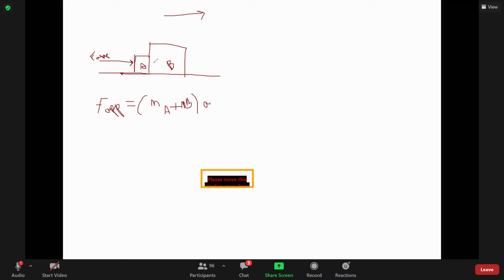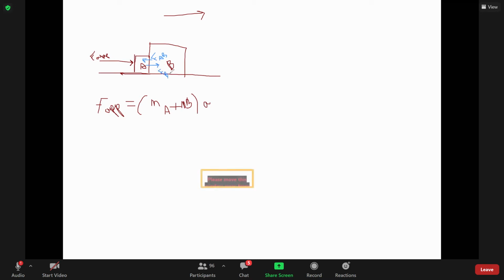Now, bear in mind that inside you have hidden forces, forces of contact. There is a force on A due to B, and there is an equal force on B due to A. Notice the direction of the arrow.